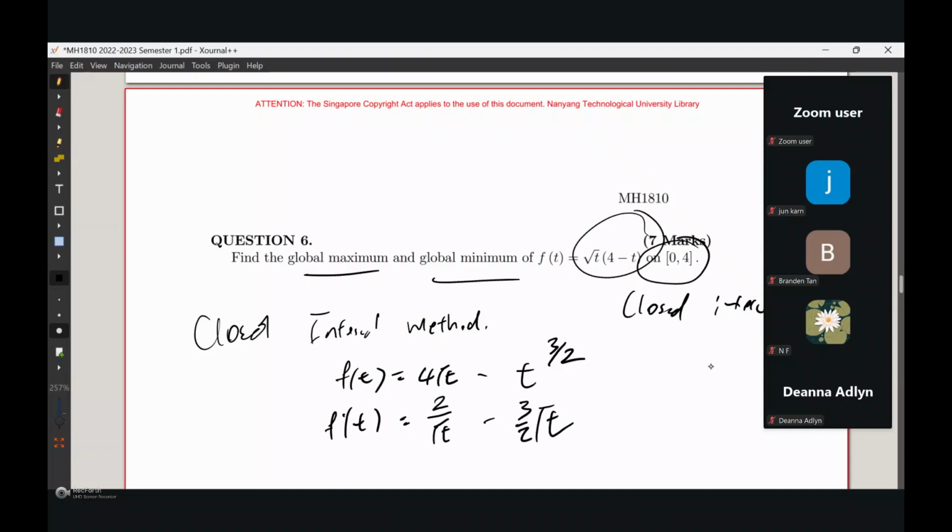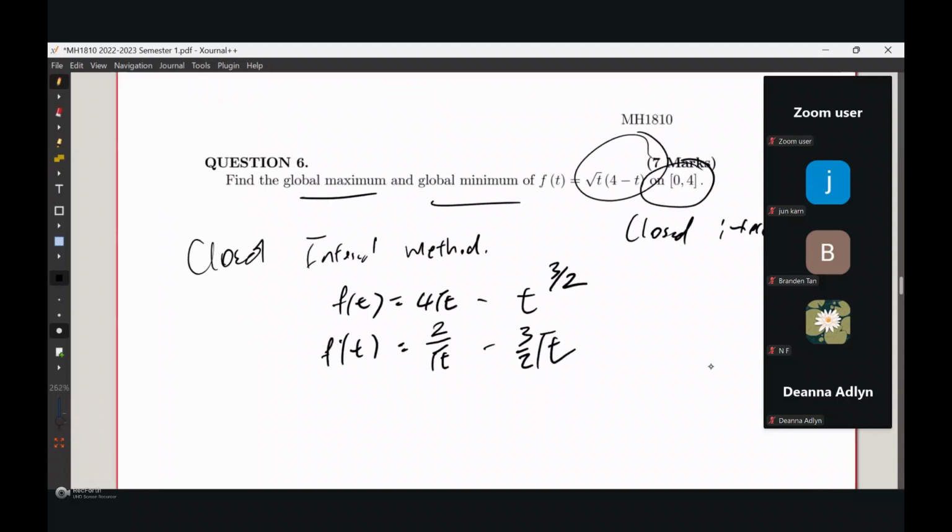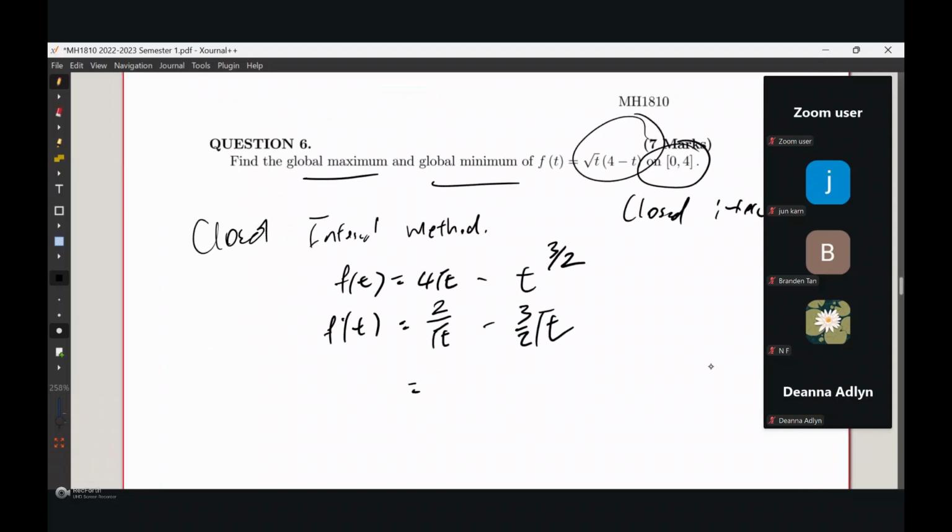Then can we factorize this? Yes, we can. Here you can factorize this by multiplying square root t. Or if you want, you can do it the other way around. It doesn't really matter.